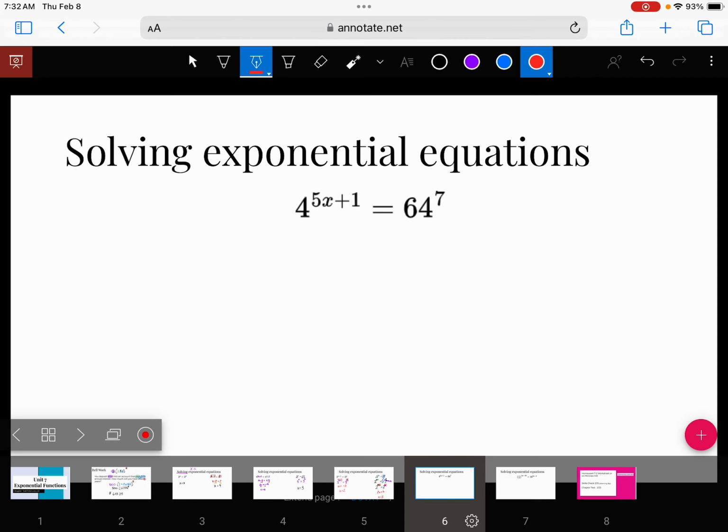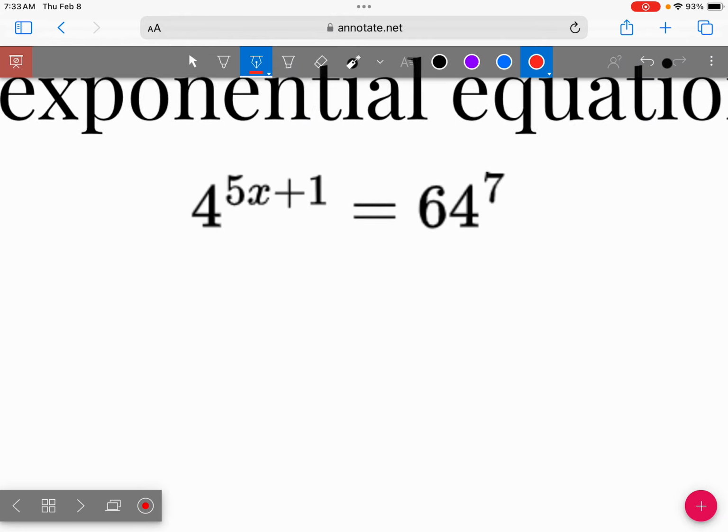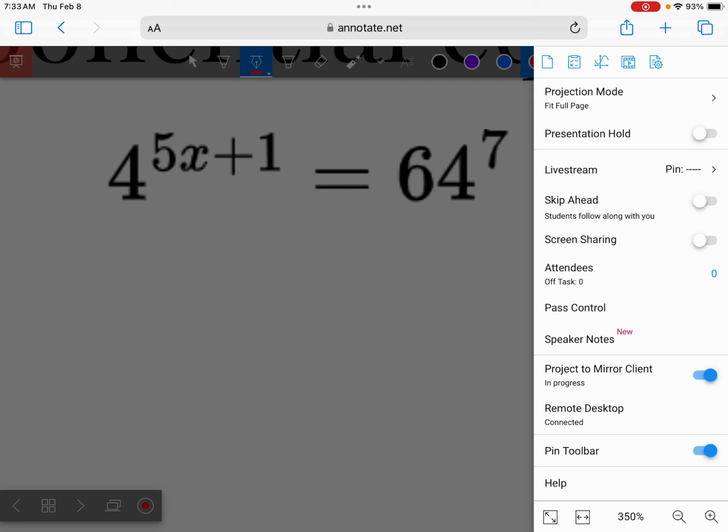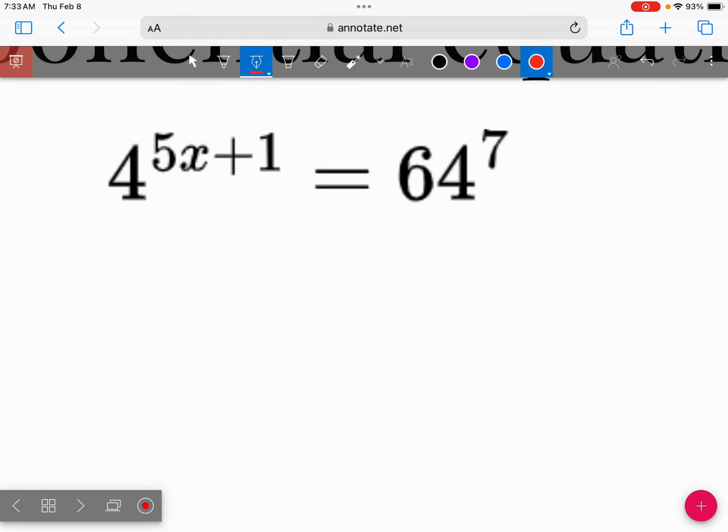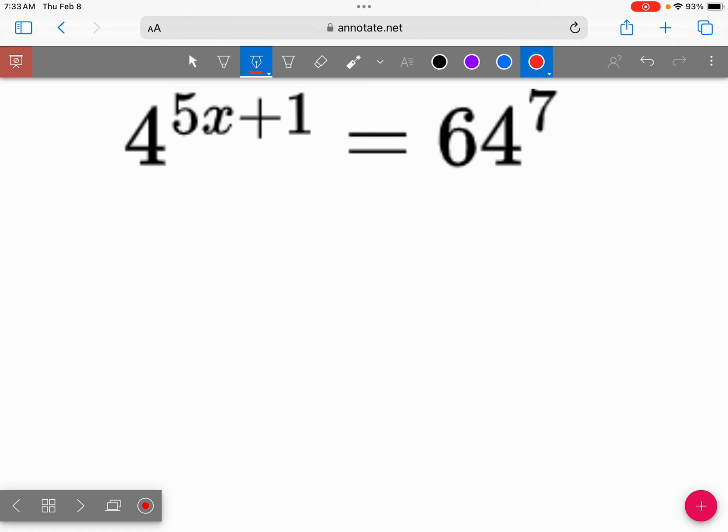All right, so here's our next one. I'll zoom it in so you can see it, because I feel like it's a little small. 4 to the 5x plus 1 and 64 to the 7th. So they don't have the same base right now.